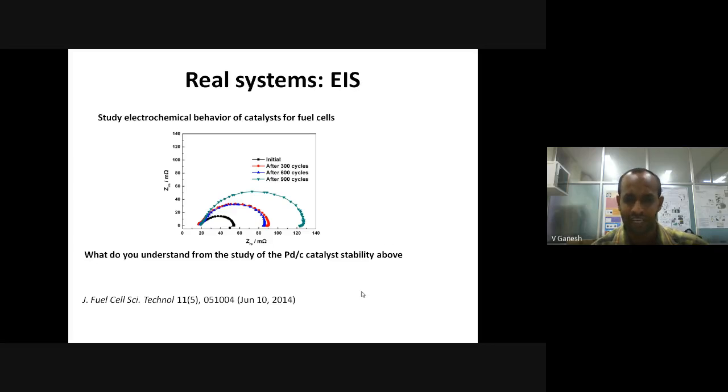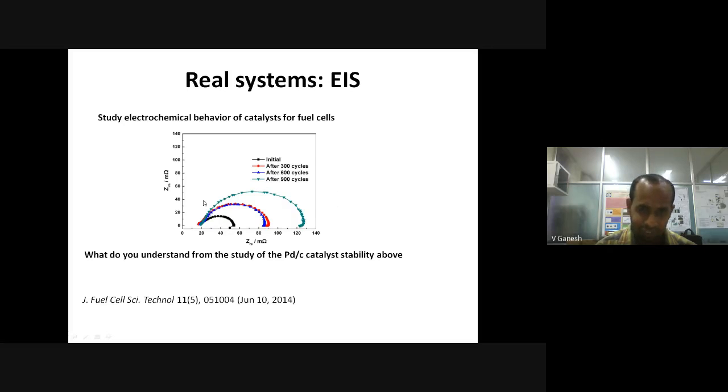Now, without discussing catalysis, I am directly showing an example of an output in impedance. Let's say you have prepared a catalyst to carry out a fuel cell reaction, let's say the cathodic process of oxygen reduction reaction. When you keep on cycling your catalytic material, you would see that the RCT increases from the initial cycle to 300, 600, about the 900 cycle.